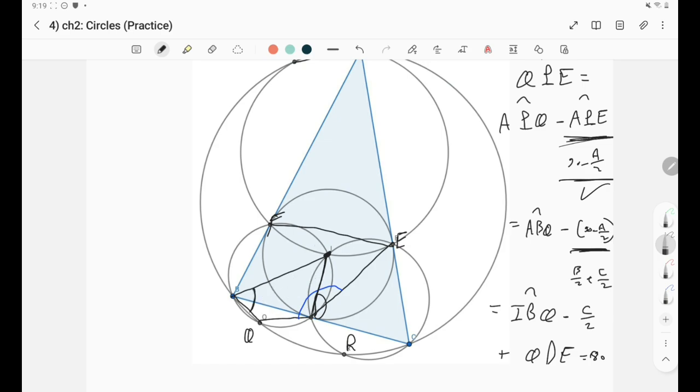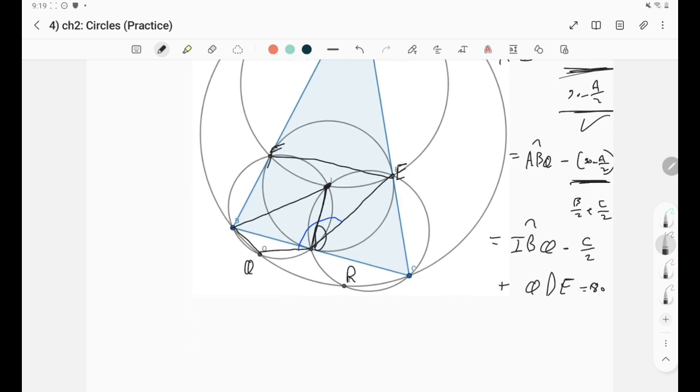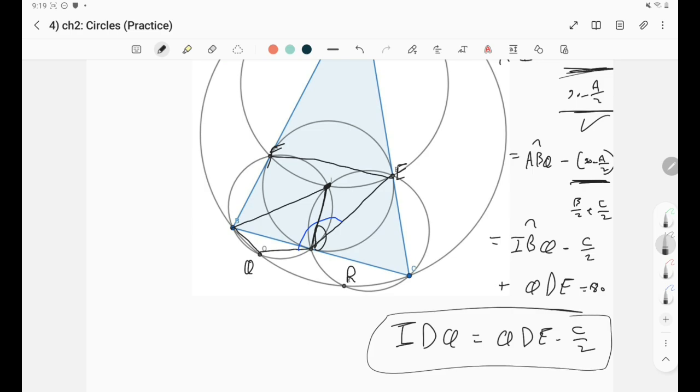Remember, our goal is to show that this thing plus something minus C is equal to 180. But we already know that this thing here plus this thing is 180. So that means we just need to show that IDQ is equal to QDE minus C over 2. This is what we really need to do.